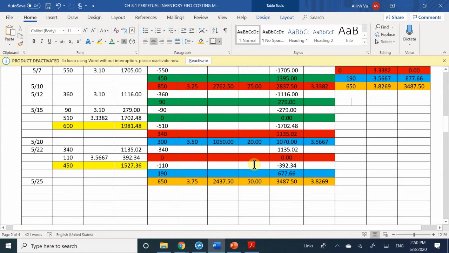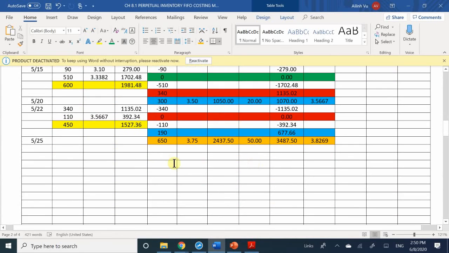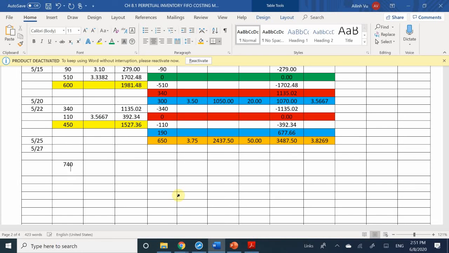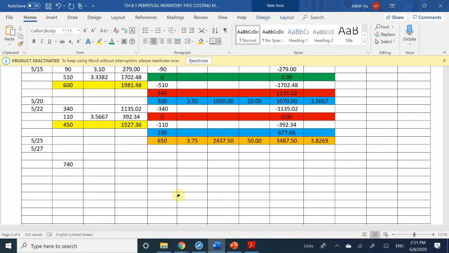Okay, so let's go ahead and calculate our sale for the 27th of May. We already recognize that we need a total of 740, and we already know that if we combine the two batches, we have plenty. So our blue batch, how much do we have? 190.